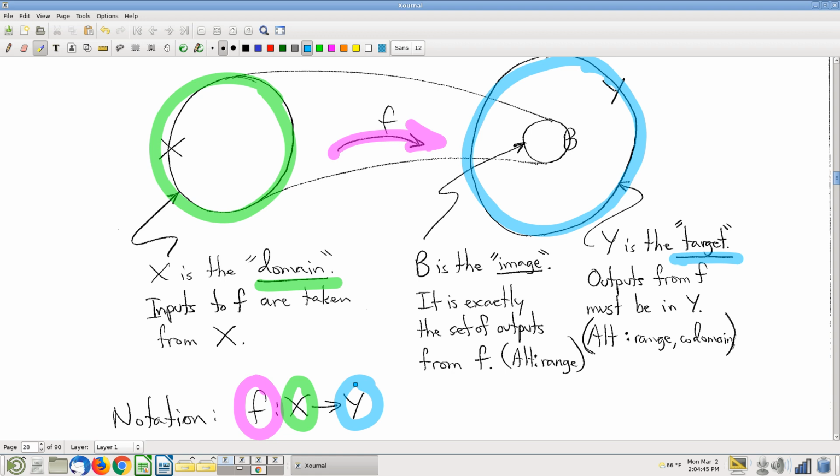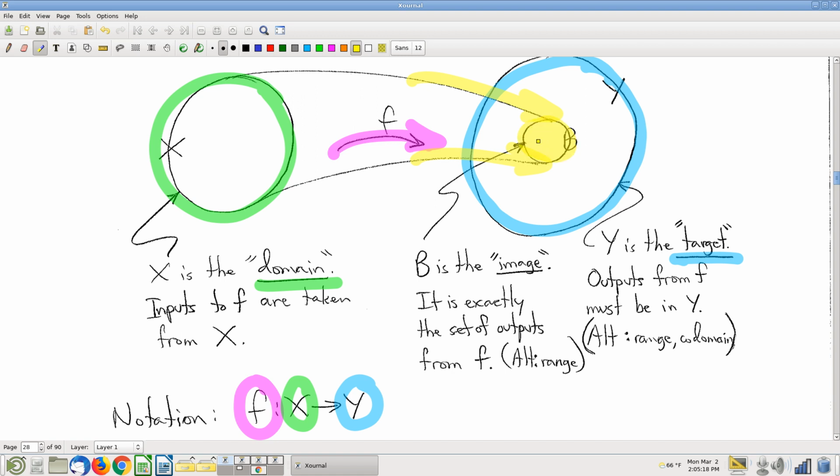Okay, now there is another set that we need to talk about, and that is, you'll notice here that the way I have this function drawn looks like all those outputs from the function f, they all land inside the target, but it looks like they land inside of a smaller proper subset of the target, right? So there is this separate set to be considered, which is the set of all of the actual outputs.